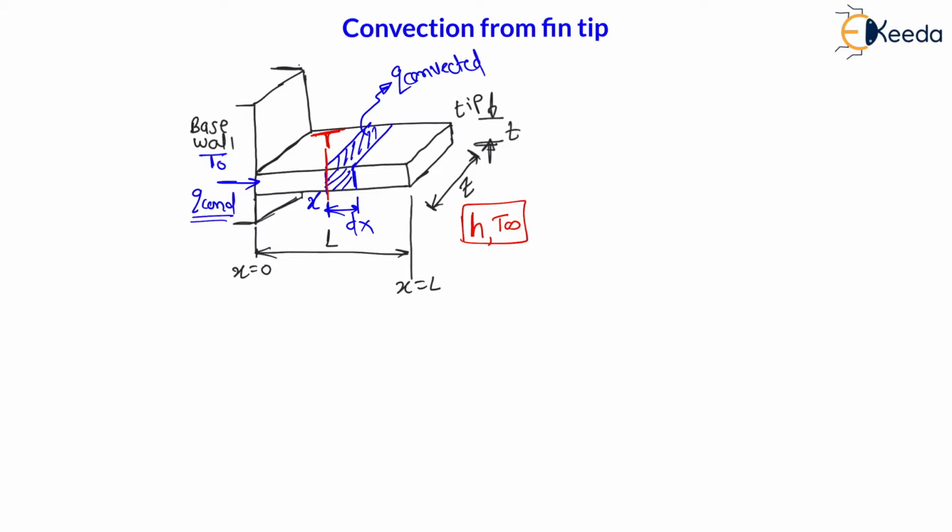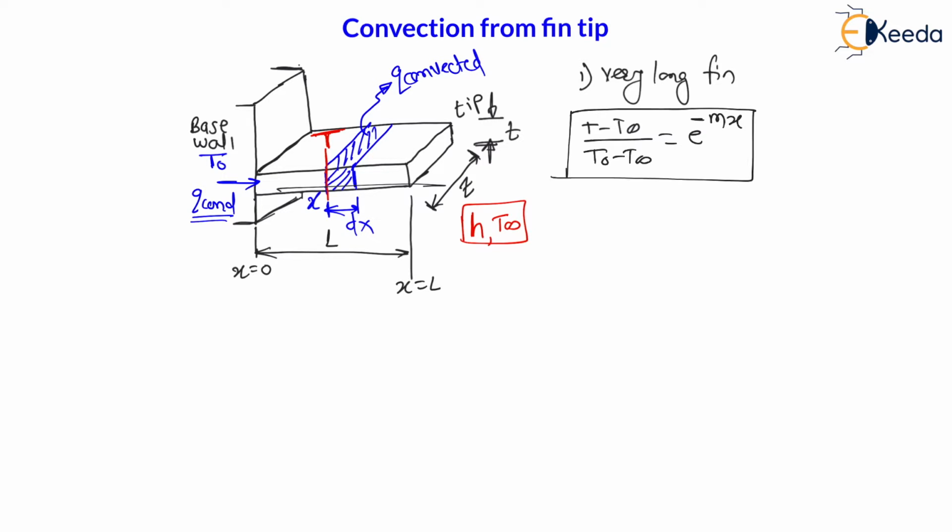Now my dear students, if this fin is very long, in previous lectures we have derived the equations for the very long fin, the very first case. T minus T infinity divided by T naught minus T infinity is equal to e to the power minus mx, where T is the temperature at any location x and T infinity is the surrounding temperature.